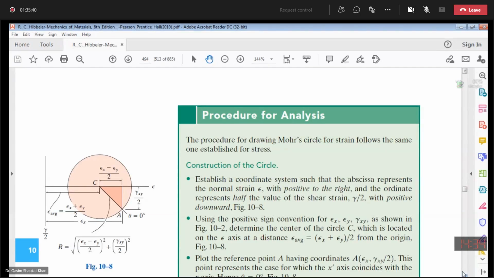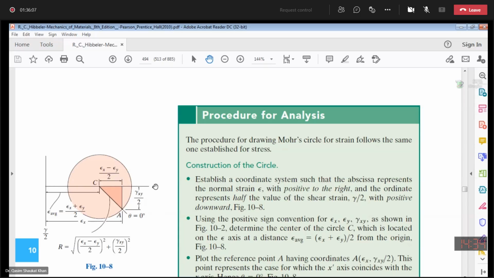We have to establish a coordinate system such that the x-axis represents the normal strain. Again, normal strains are on the x-axis, just like normal stresses were in the case of plane stress, with positive to the right.